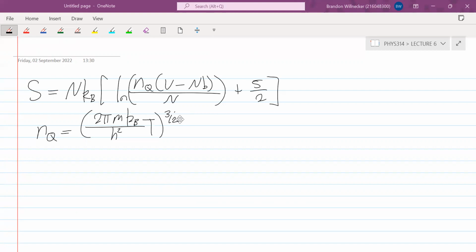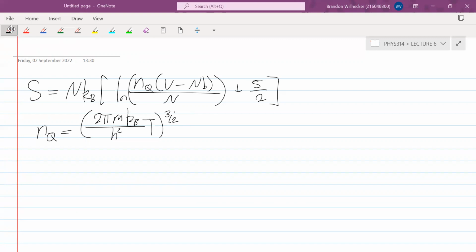However, normally entropy would depend on the internal energy, U. We don't have the expression for U here, so it's a bit different to the standard variables for entropy, just to point that out.